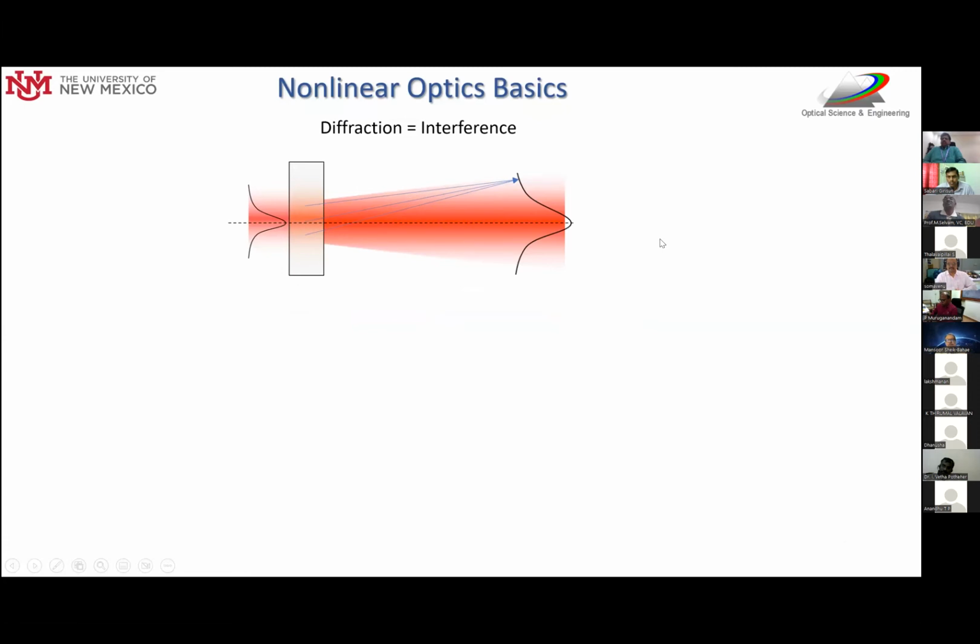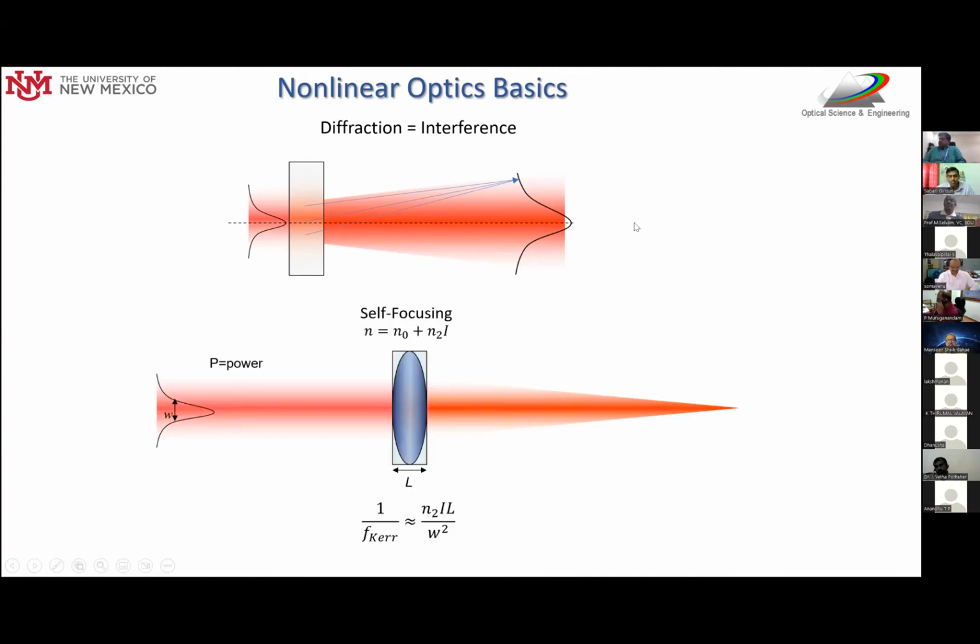Now, as we all know, and I apologize if I'm going through too much of the basics, diffraction is nothing but interference. Once a beam is spatially varying, like a Gaussian beam, as it propagates, different parts of the beam in the far field essentially interfere. So diffraction is interference, and that means we can use diffraction to measure these nonlinearities.